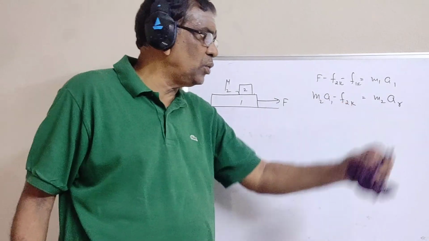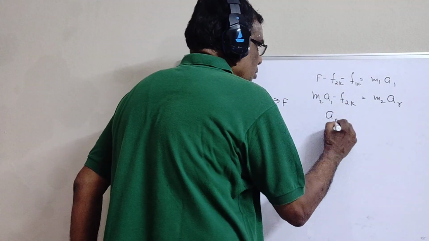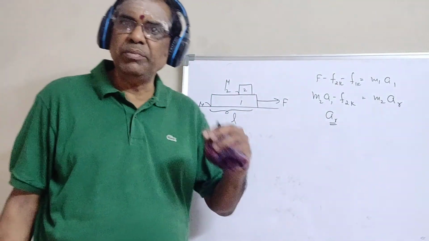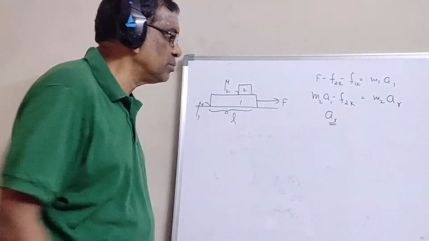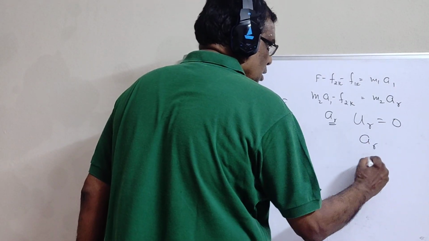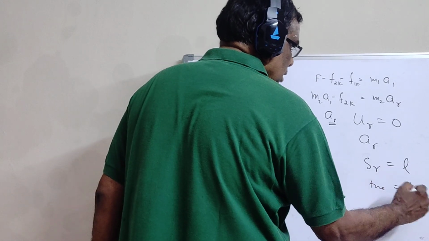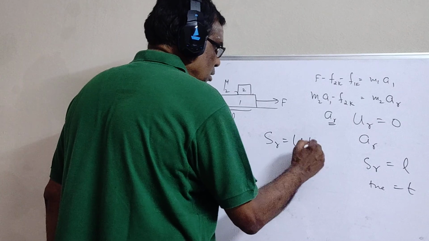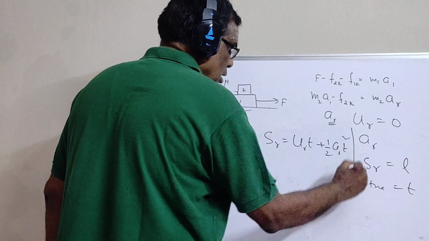Then I went on to discuss. I first found out what the AR is, then if this length is L, what time it takes for it to fall, all those cases were given. In fact, I took initial relative velocity 0, SR is L, time is T, so SR is URT plus half AR T square.